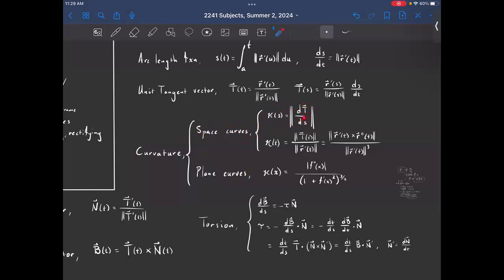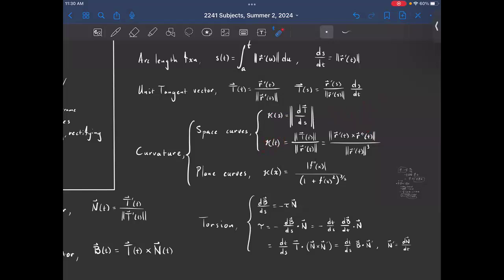This is the amount of change. So you can think maybe if the tangent vector is pointing in this direction and it starts moving in that direction or starts to turn, then the curvature is positive. It's telling us that the tangent vector is changing direction over time.